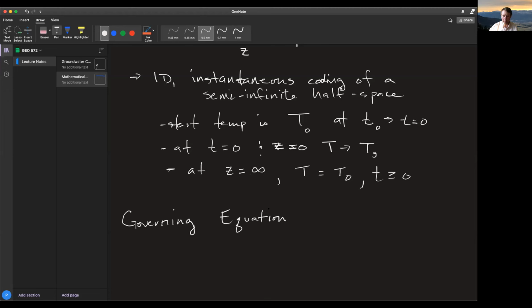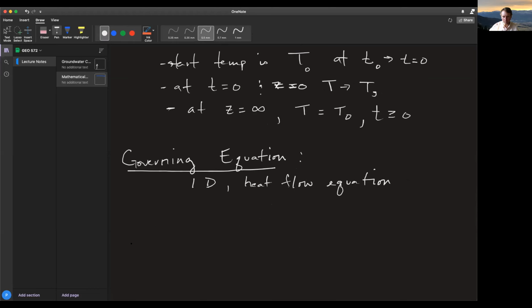I'm not going to derive this equation, but I'm going to write down the one-dimensional heat flow equation. CP, that is the specific heat of the rock.